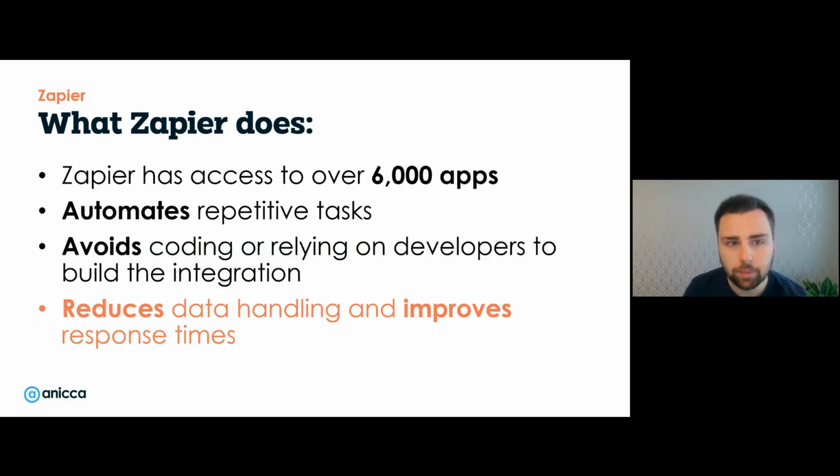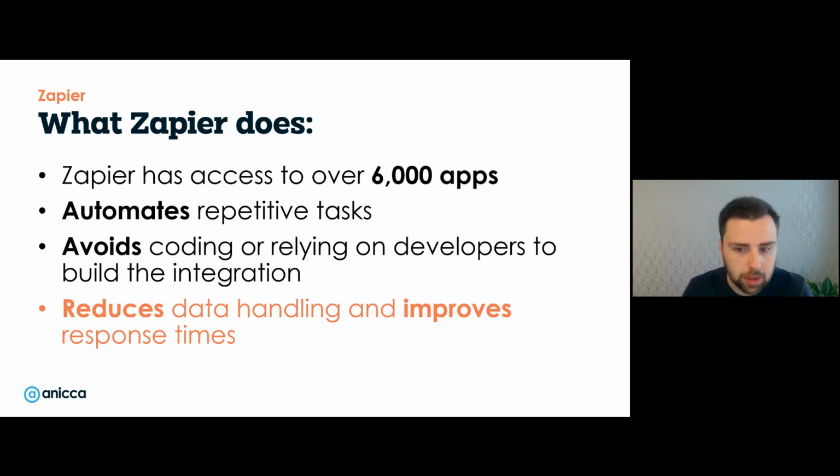And as I say, the main reason why I like to use Zapier or other automation tools for this type of job is it reduces that data handling. I'm not messing around with it. All I'm effectively doing is checking the zaps, as they call them, and I'll show you that in a bit. Effectively checking the zaps aren't broken and that the automation is continuing is what your job role becomes.